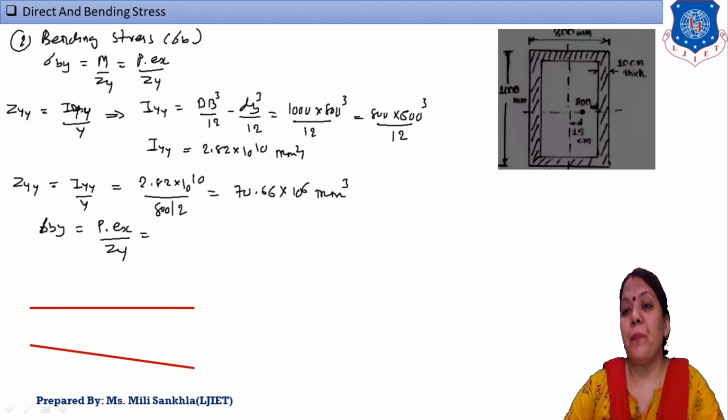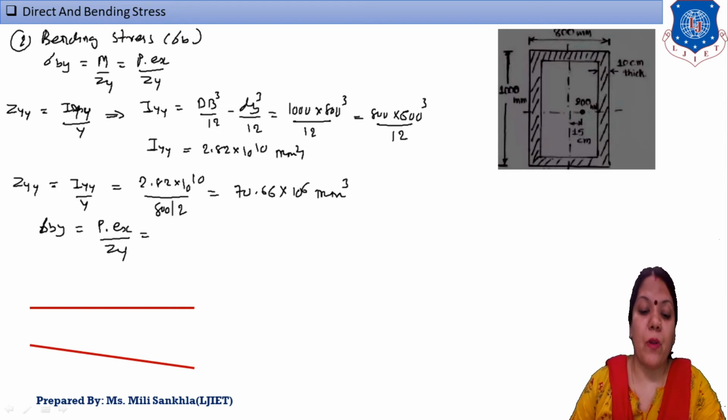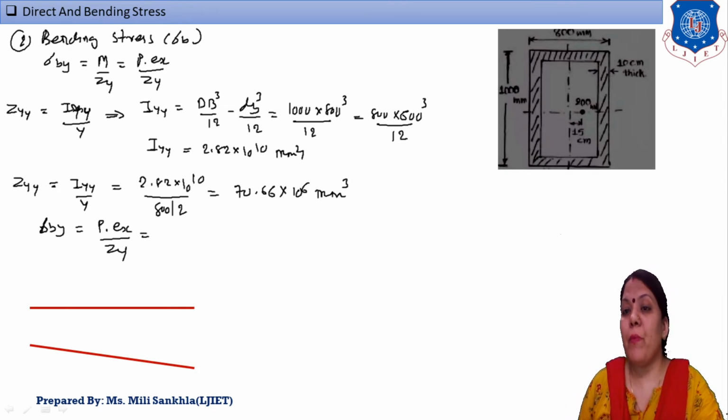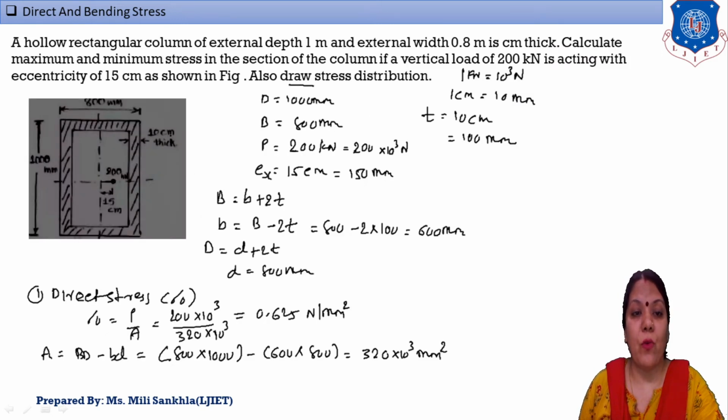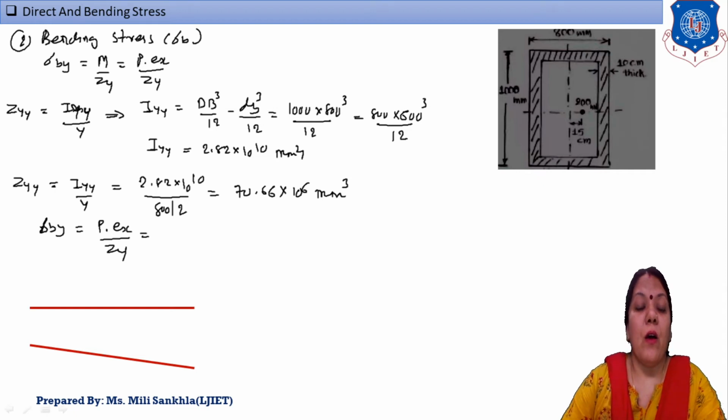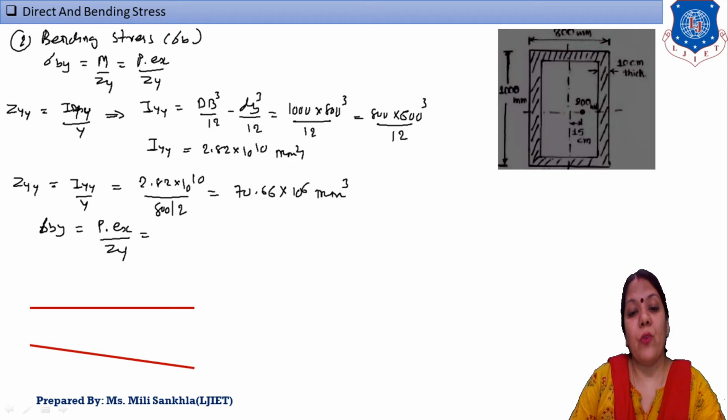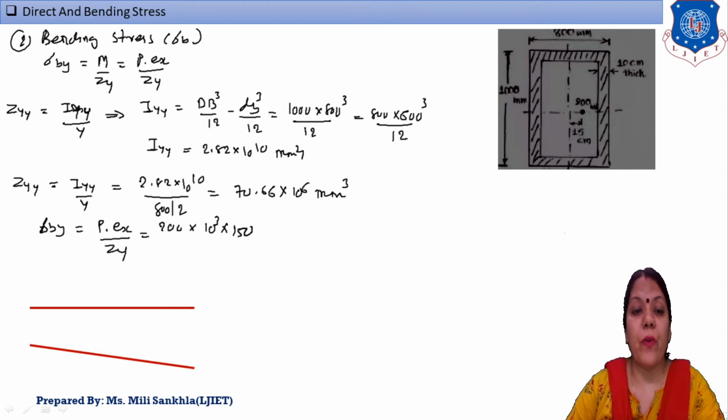The value of P is given in this example, 200 kilonewton, so take it 200 kilonewton and convert into Newton: 200 into 10 raised to 3, and Ex is given 150.